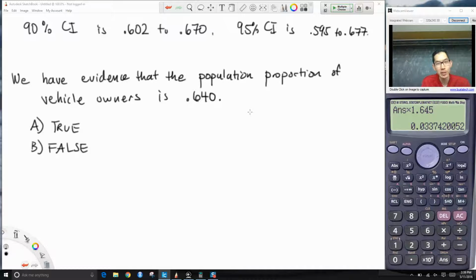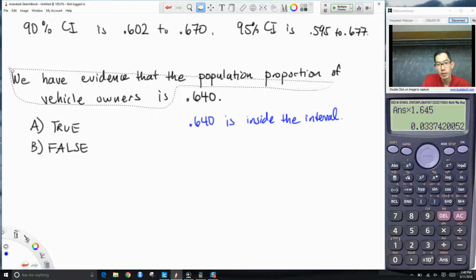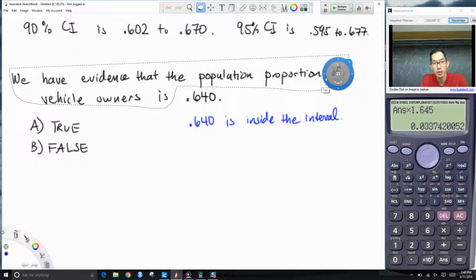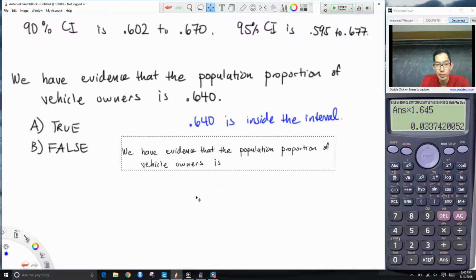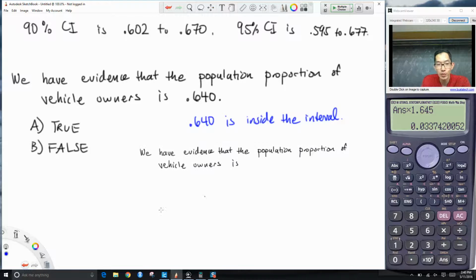I'll explain this. What we said is, 0.640 is inside the interval. That much is true. What if I had written this sentence: we have evidence that the population proportion of vehicle owners is 0.650?